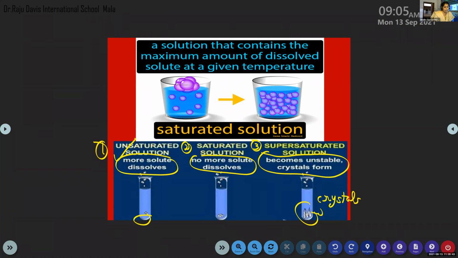In physics also, we use saturated solution to make batteries. For example, your inverter contains an acid, sulfuric acid, and we use a saturated solution. Then in a car battery also, inside there is a saturated solution, not a super saturated solution.